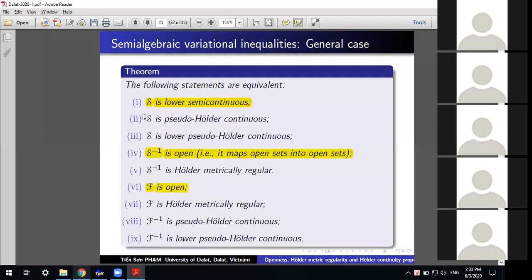The second and the third follow directly from the fourth, and this and this follow from this condition by the previous theorem. So this condition is equivalent to the nine statements being equivalent.